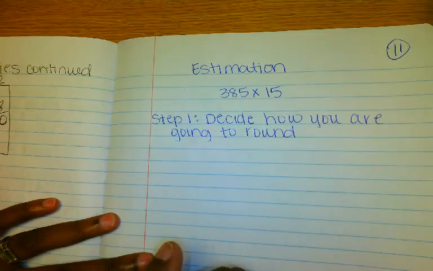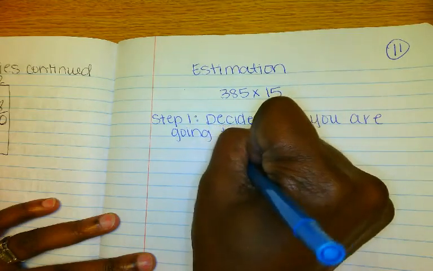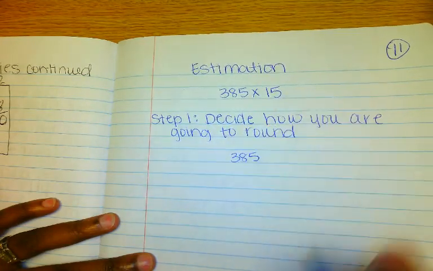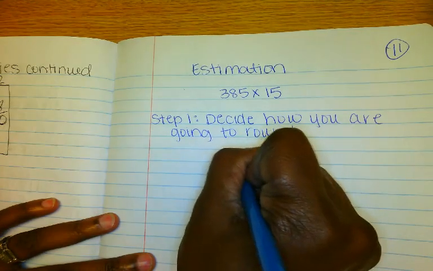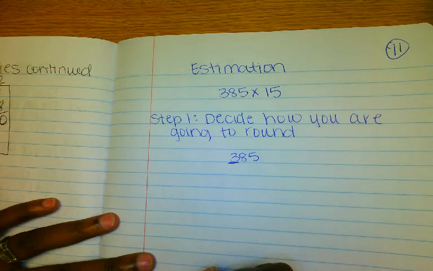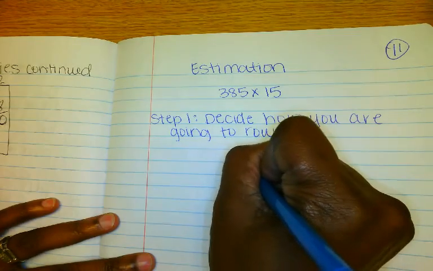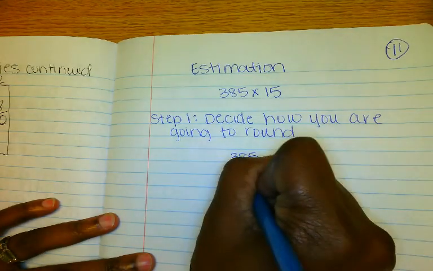Are you going to round to the nearest hundreds, to the nearest tens? It's easy because you get to pick. The important thing is that you want to make the problem as easy as possible. So today we're going to round 385 to the nearest hundreds, and we're going to round 15 to the nearest tens.